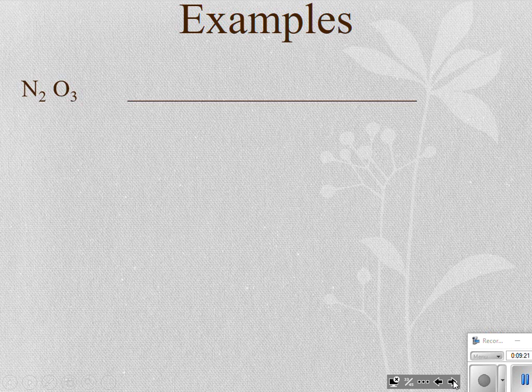So, with the first one, it tells us just to simply write the word, which is nitrogen. Now, do we have more than one nitrogen atom? Yes, we have 2. So we need a prefix. If you only have 1, you don't need a prefix. You never put mono on the first word. Okay? We do not put mono on the first word.